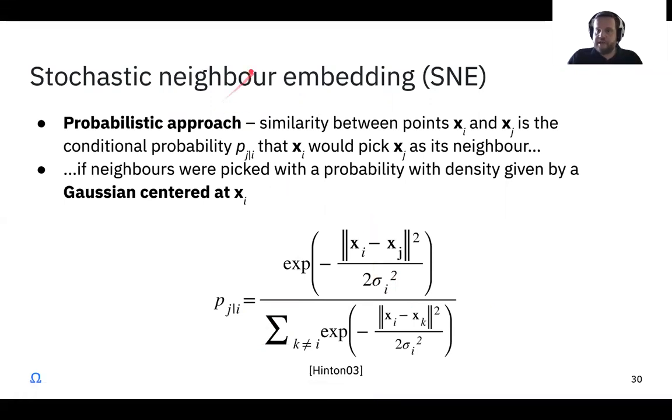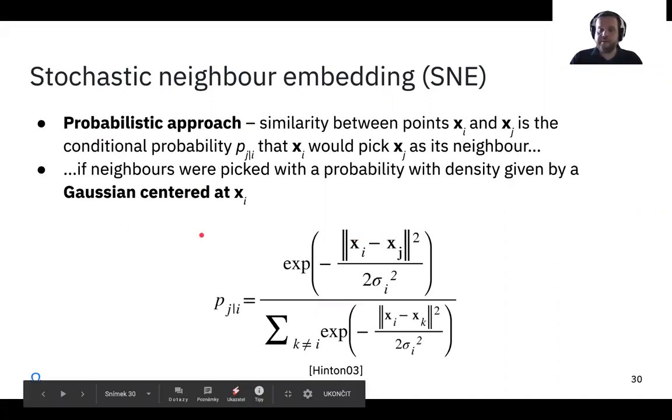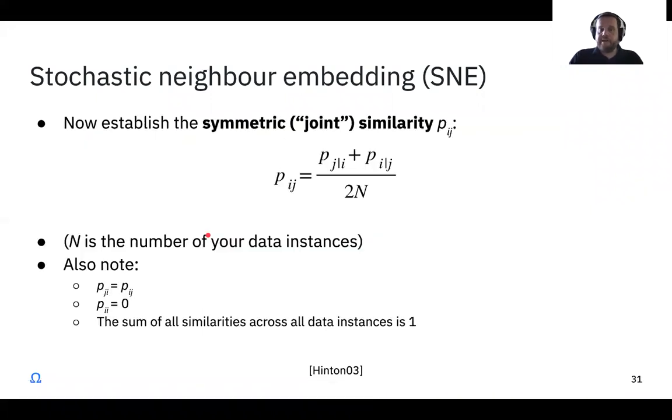So all we need to know here is that it's probabilistic. Instead of hard assigning your neighbor, we're going to assign it in a probabilistic manner using a Gaussian or normal distribution. We don't have to remember this equation really. Then they do a trick to establish the symmetric similarity, because the probability that i will choose j might not be the same as the probability that j will select i.